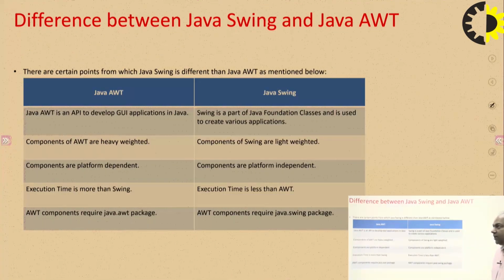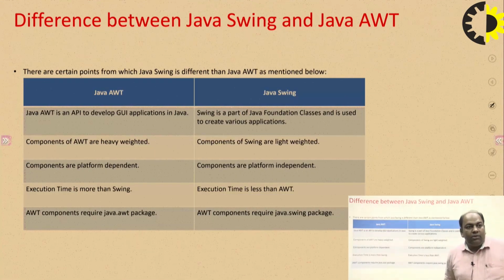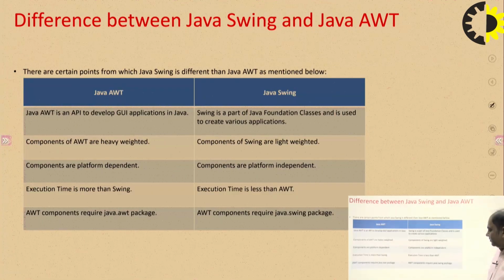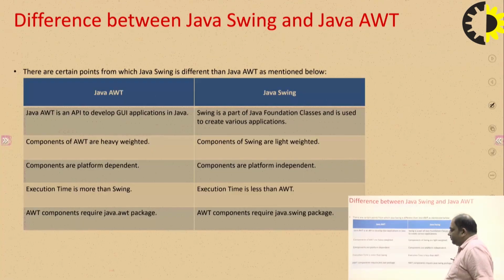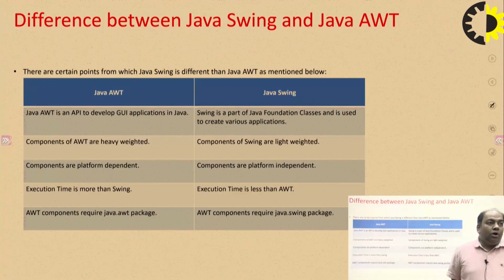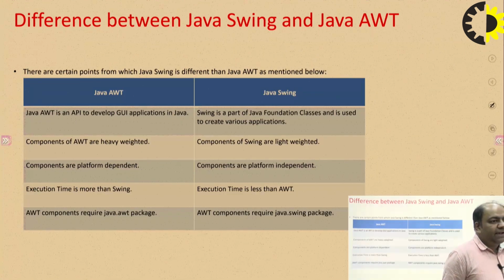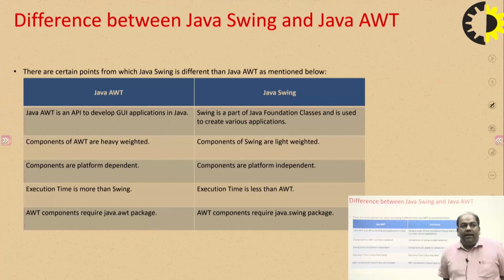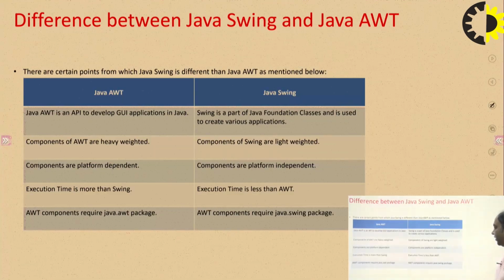The execution time of AWT is more than Swing. Vice versa, the execution time of Swing is less than AWT. All the components of Java AWT require the package java.awt, and all the components of Swing require the javax.swing package.